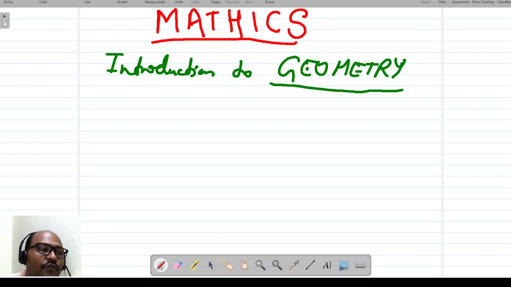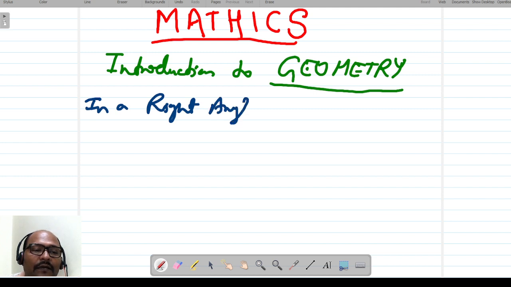Okay, so first of all, I want to just show you what is trigonometry. In trigonometry, we deal with a triangle which is a right angle triangle. So, taking an example, a right angled triangle ABC is like this.